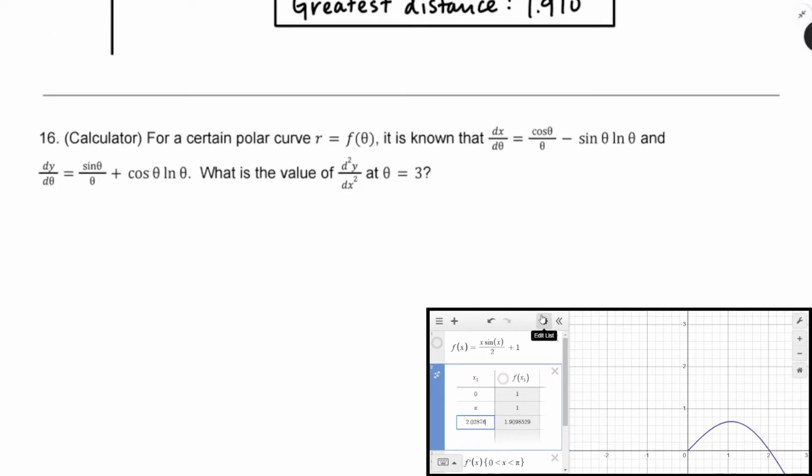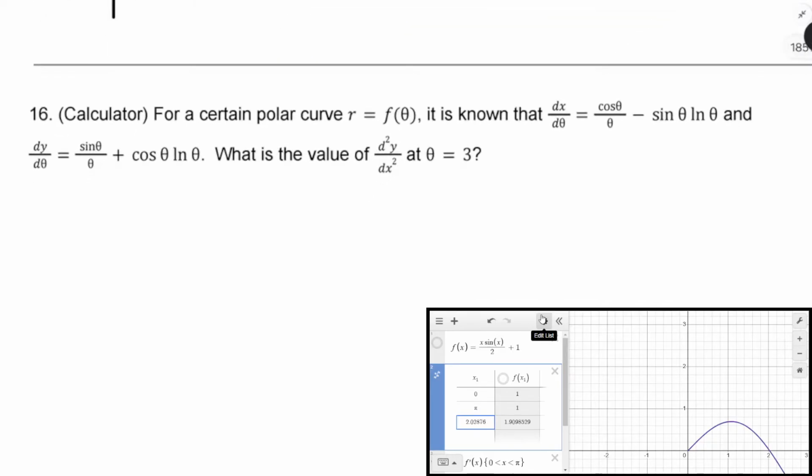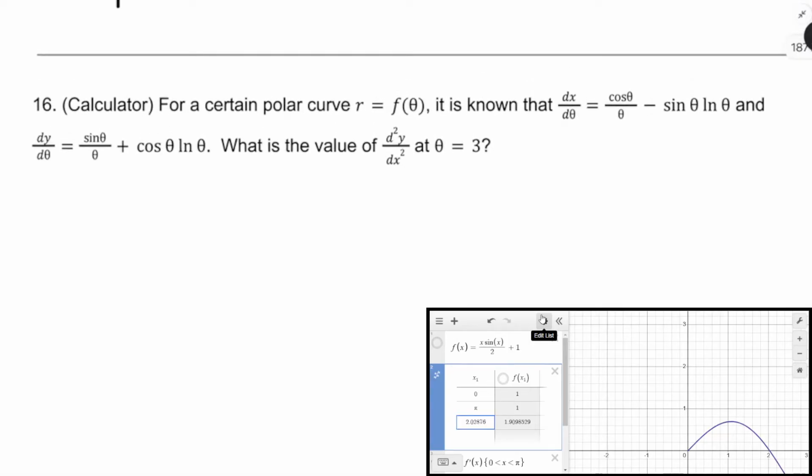Right, and then the last one, also calculator: certain polar curve r equals f of theta. It's known that dx d theta and dy d theta. Okay, I was waiting for this one. I actually forgot about it, but I knew that I wanted to do this one on the homework. I had one of these on the old homework, thinking that it wasn't really possible.